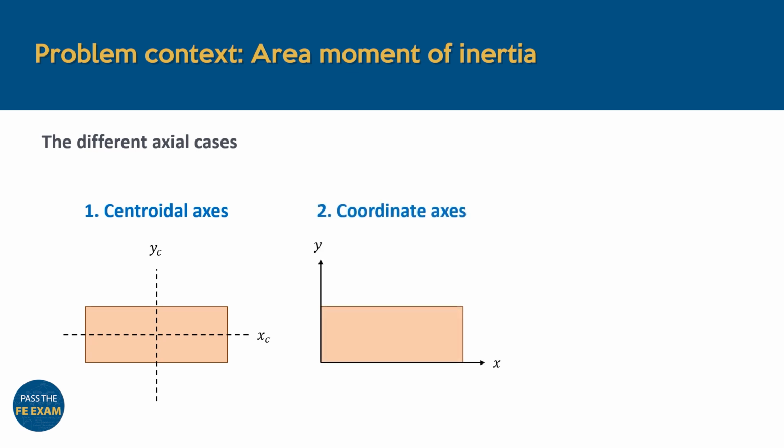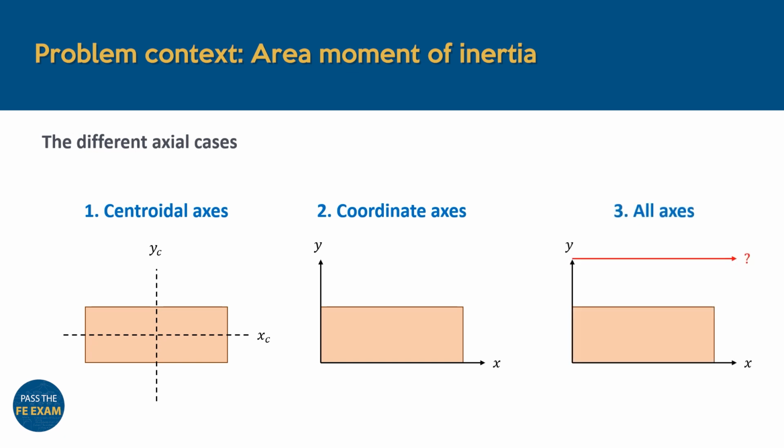In the second case, you may be asked to calculate the cross-section's inertia about the coordinate axes, or X or Y axes, as shown here. Lastly, you may be asked to calculate the shape's inertia about any axis positioned at a predefined point. It's important to identify which of these cases you're working with while tackling these problems, since this will later help you distinguish which formulas to use.